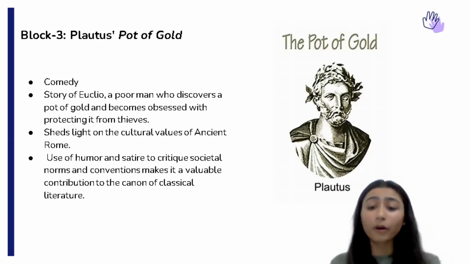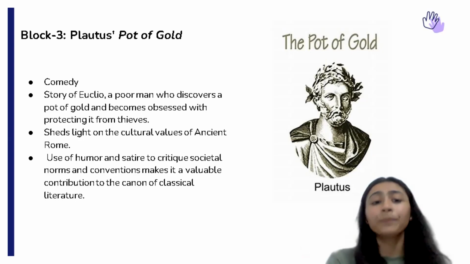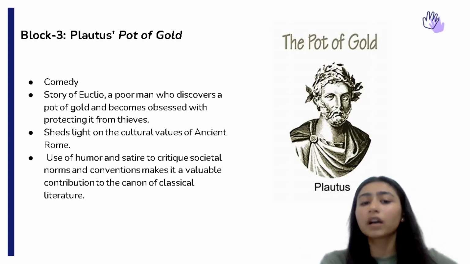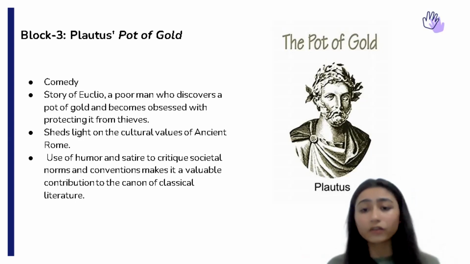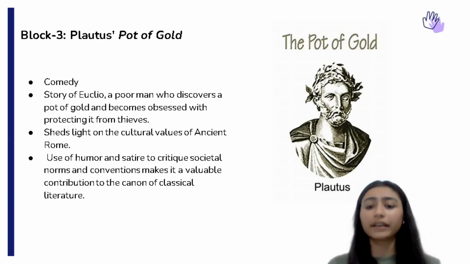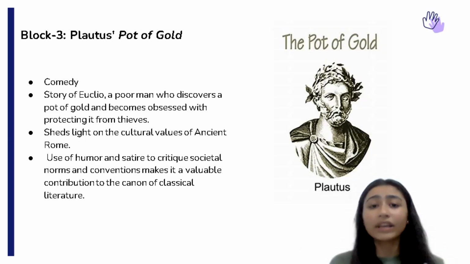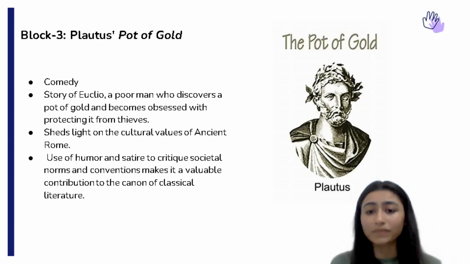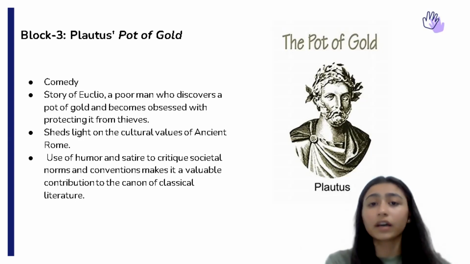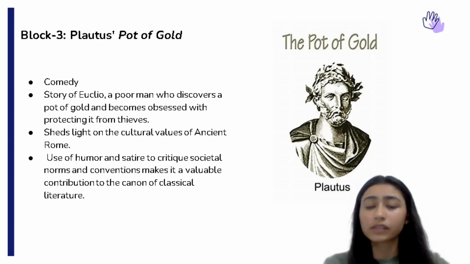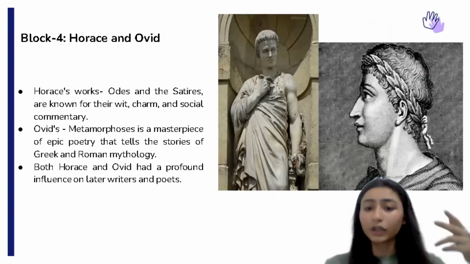The environment is more about mimicking and a happy ending, and it sheds light on the cultural values of ancient Rome. Plautus' writing is characterized by humor and satire, and he critiques societal norms. Plautus was a Roman playwright, so we'll get to see about him when we study block number 3 and its units.